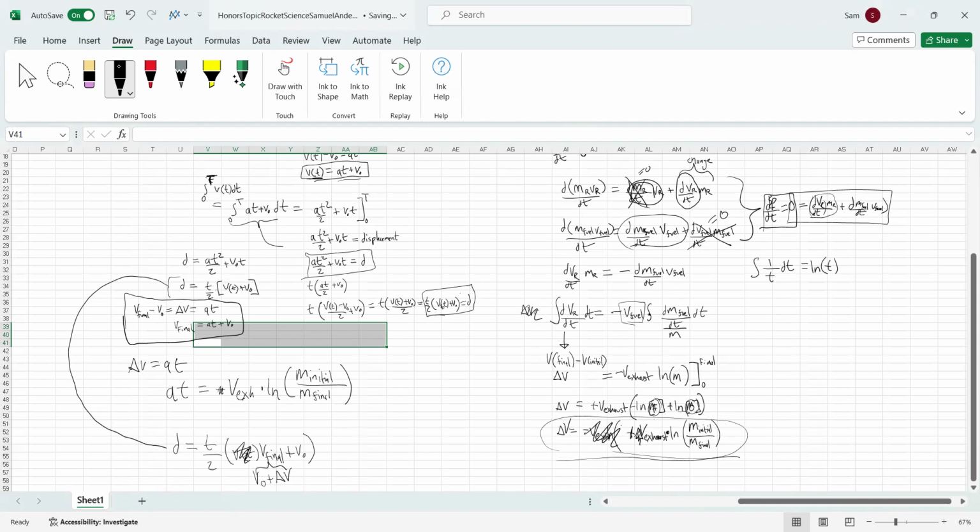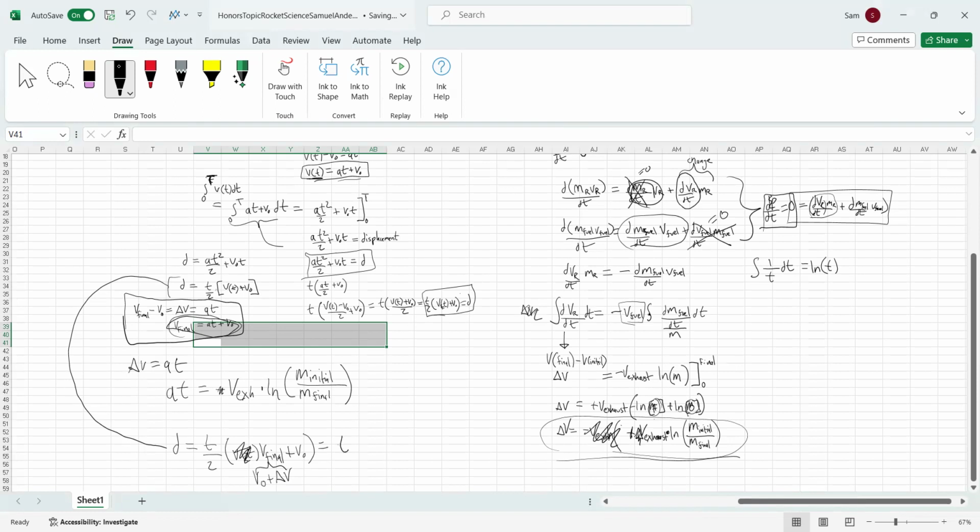This can also be written as initial velocity plus AT, as shown up here. So if I plug that into the displacement formula, then there's a way to relate displacement of the rockets to some of the rocket specifications.